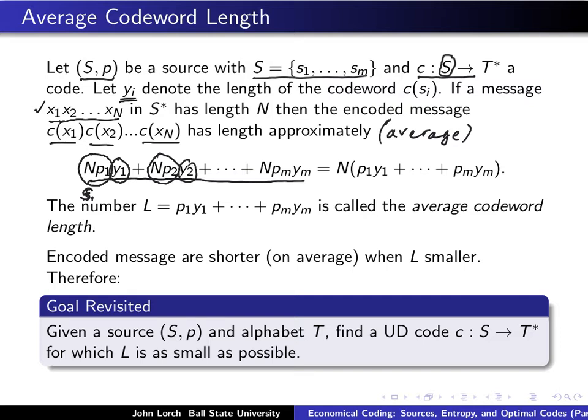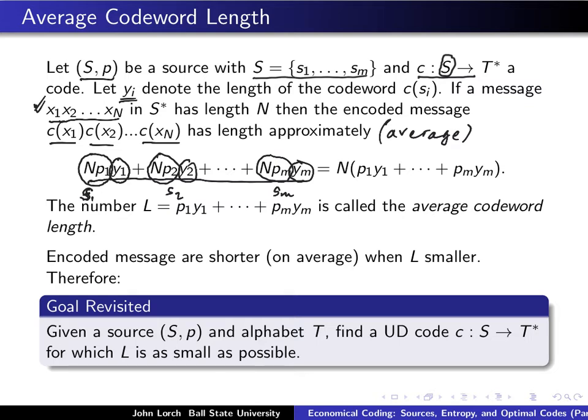We do that all the way through the end of the alphabet: we compute the expected number of s sub m's in this message of length capital N, and when we multiply by y sub m, the length of the code word associated to s sub m, we get a contribution to the length of the coded message. So this expression gives us, on average, the length of the coded message.